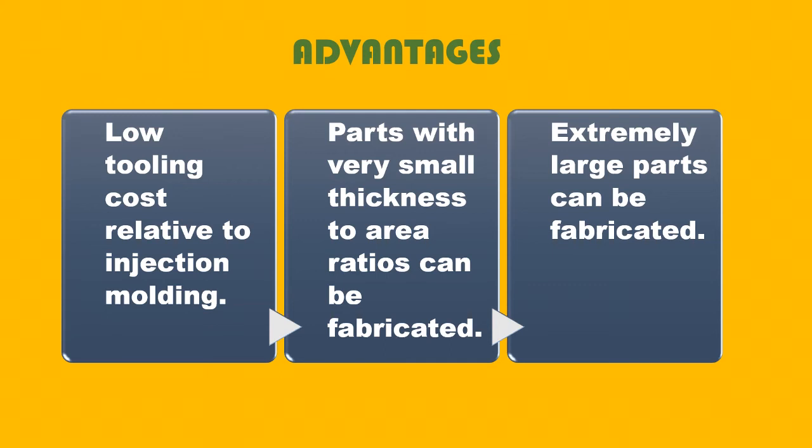The advantage of thermoforming is low tooling costs relative to injection molding. Next, parts with very small thickness to area ratios can be fabricated. Extremely large parts can be fabricated.